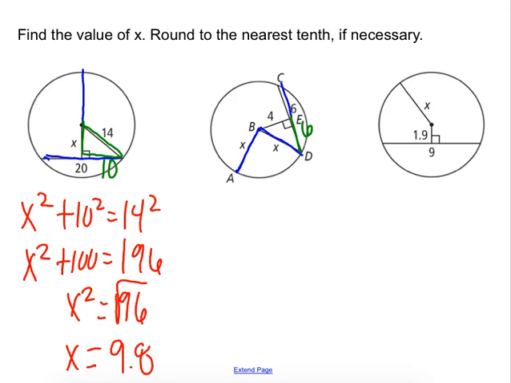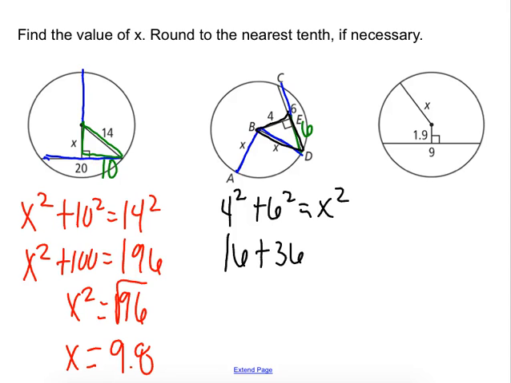So now we just have a right triangle. 4 squared plus 6 squared equals x squared. Now just compute. 16 plus 36 equals x squared. Adding those together, we get 52. Now taking the square root of 52, we find that to be 7.2.